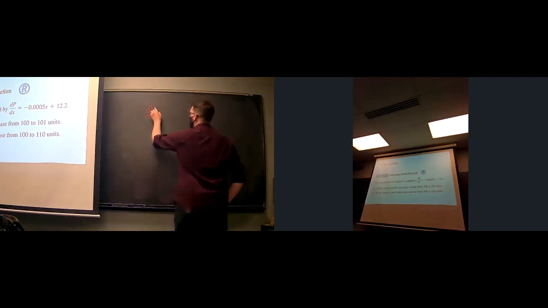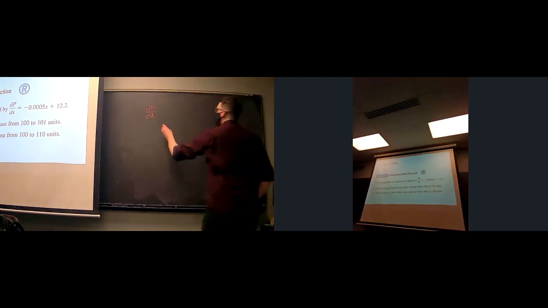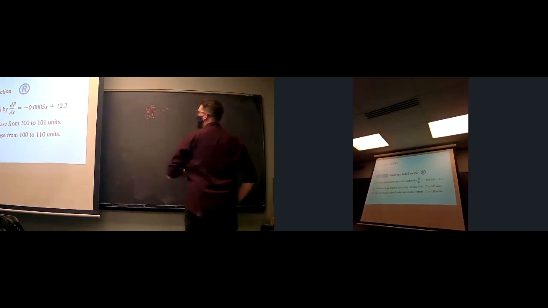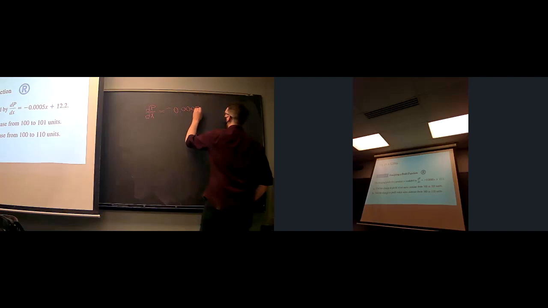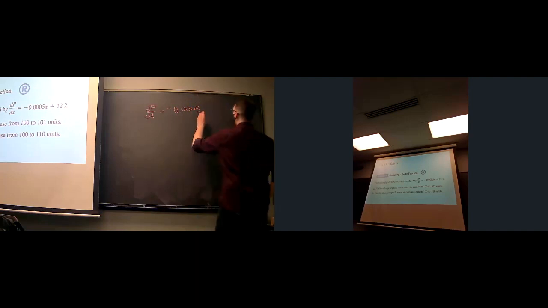So we're told dP/dx, profit as a function of the number of products sold, right? This thing is equal to negative, stupidly long decimal, 0.0005 x plus 12.2.